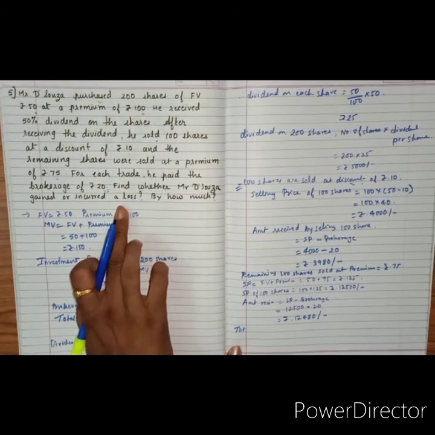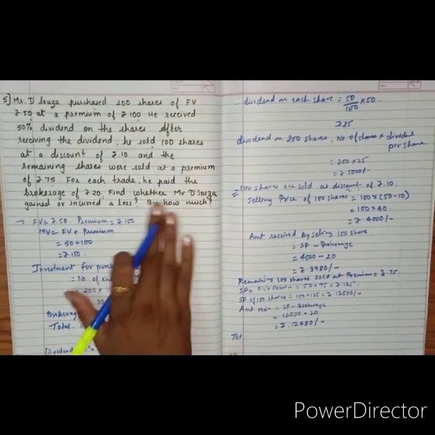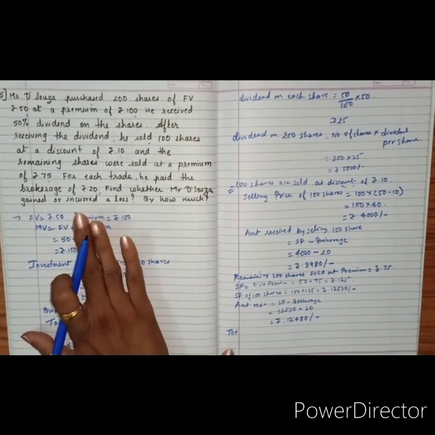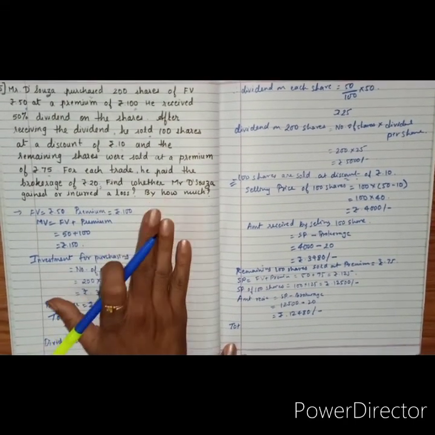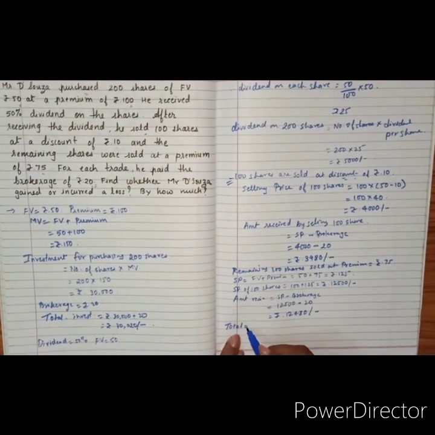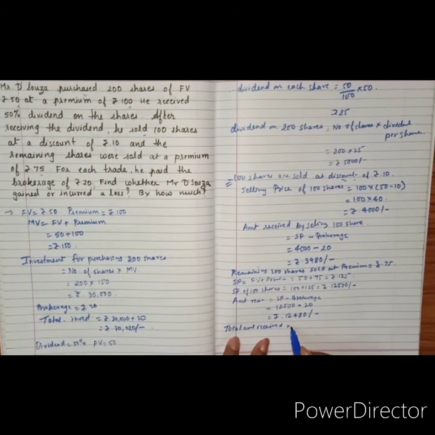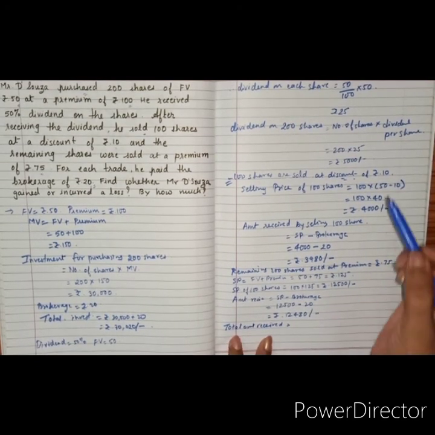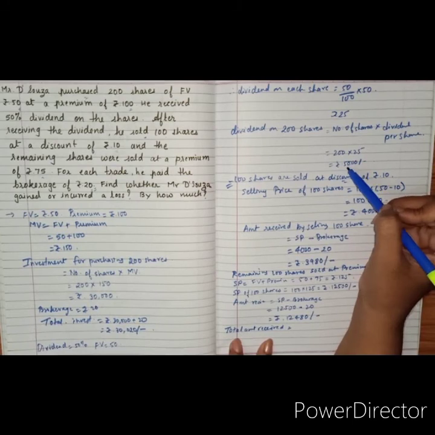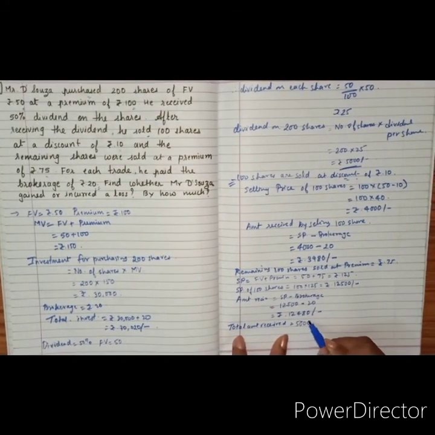Right? Okay. Now we need to calculate the total amount he received. See, what is the question asked? The question asked is whether he has incurred a gain or a loss. You need to calculate it. So for this you need to know the total received amount. So the total amount that he received: he received one amount from the 200 shares because he got dividend, that is rupees 5,000.